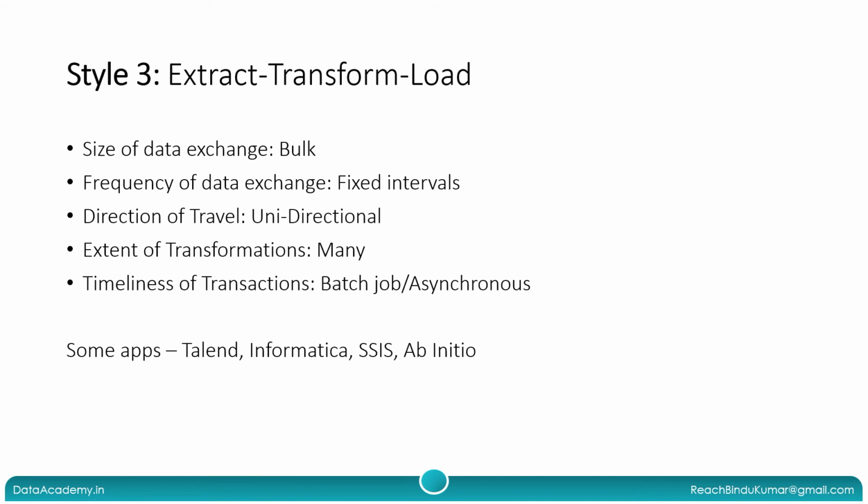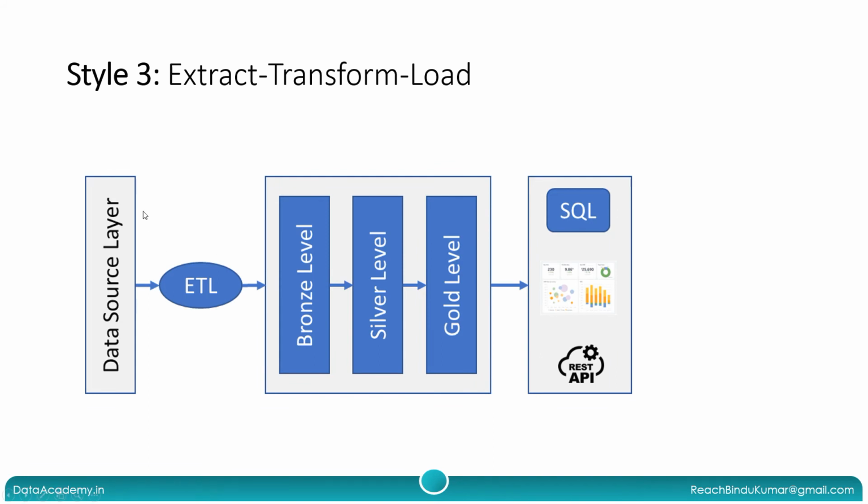The next characteristic is direction of travel. Here again, it's unidirectional. So the data starts its journey from the data source layer. It is often pulled by the ETL process and pushed into the centralized data store or data warehouse, and then the data is again consumed by these different interfaces.